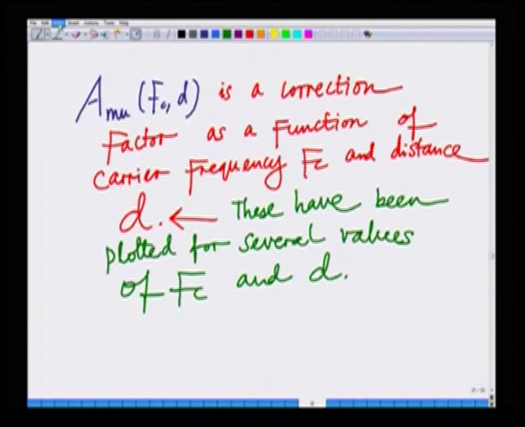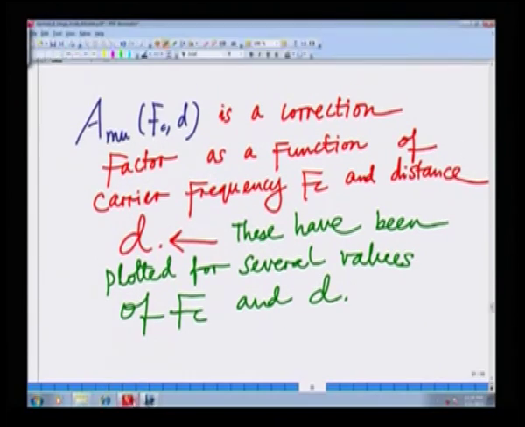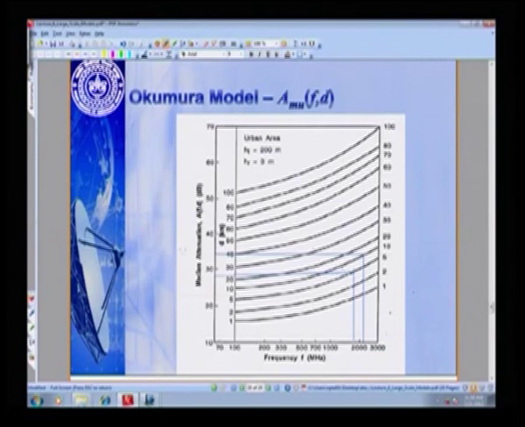For instance, let me go to that plot and show you how that plot looks like. If you look at this, I have the Okumura model, I have the A mu factor as a function of frequency and distance. You can see on this axis there is one curve for each distance, 1 kilometer, 2 kilometer, 5 kilometer, up to 100 kilometers.